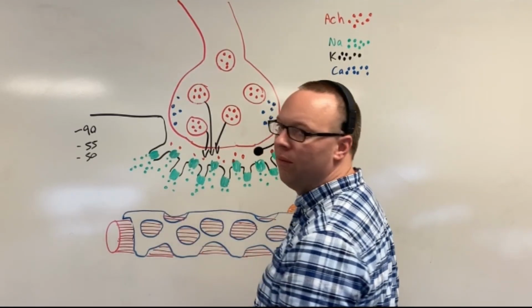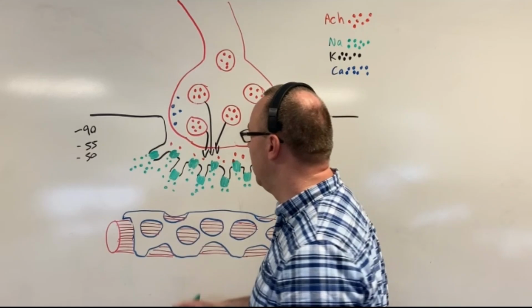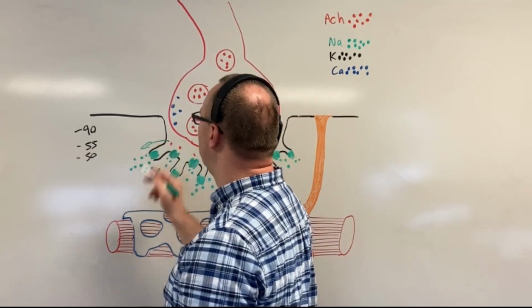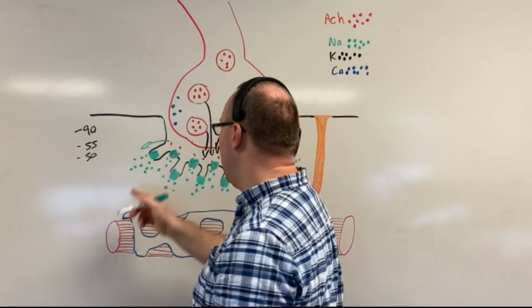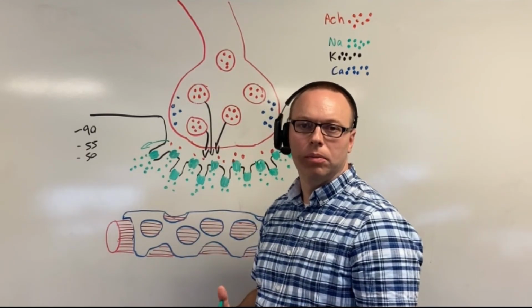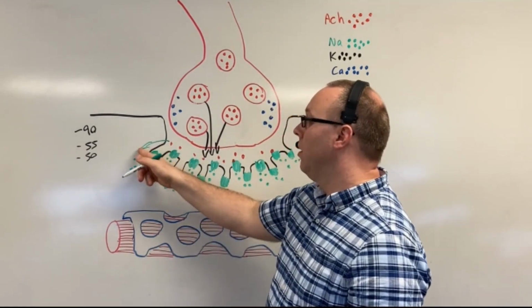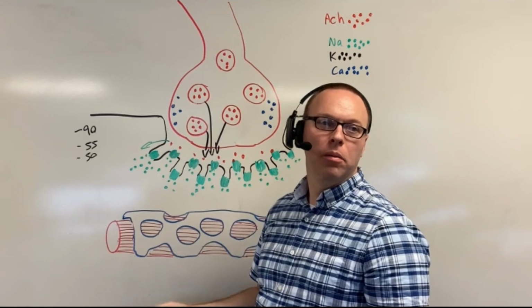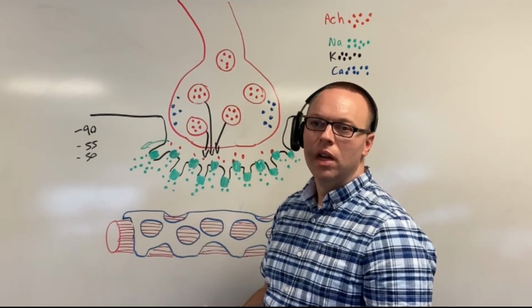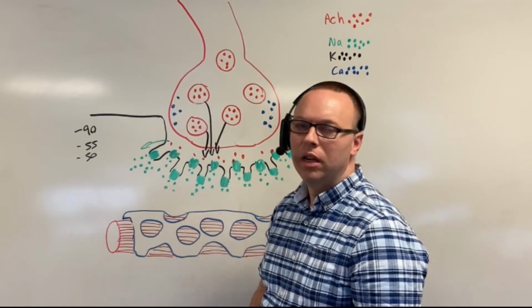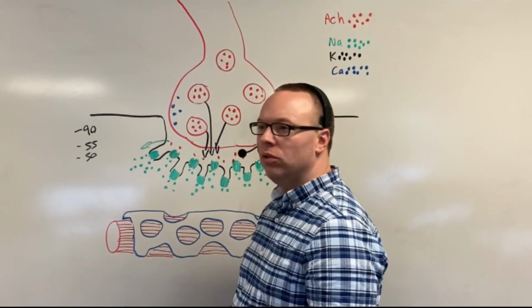What happens is you have voltage-gated sodium channels, and this is going to allow sodium to enter the cell outside of that acetylcholine receptor. Now, this part of the cell is becoming more positive as that sodium spreads out. These channels are going to be just like a door: open, close, that fast.